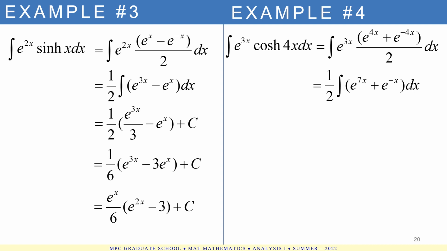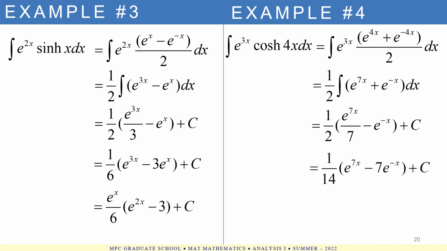After doing that, we're going to get half the integral of e raised to 7x plus e raised to negative x. Then we can integrate both those two terms so we can come up with this. And then simplifying our answer, we will come up with 1 over 14 times quantity e raised to 7x minus 7 e to the negative x plus c.